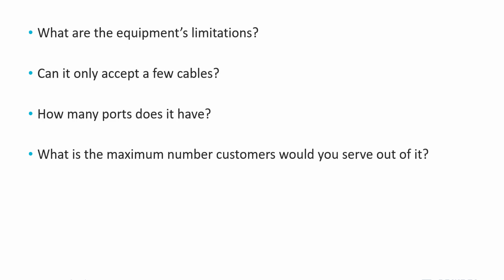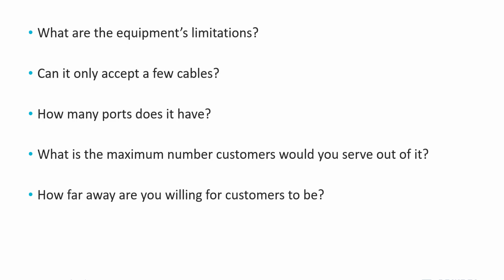Or do you only want a certain number of customers to be served out of it? How far away are you willing for customers to be from the service point? Do your cables have a fixed length? Use this information to fill in these parameters.